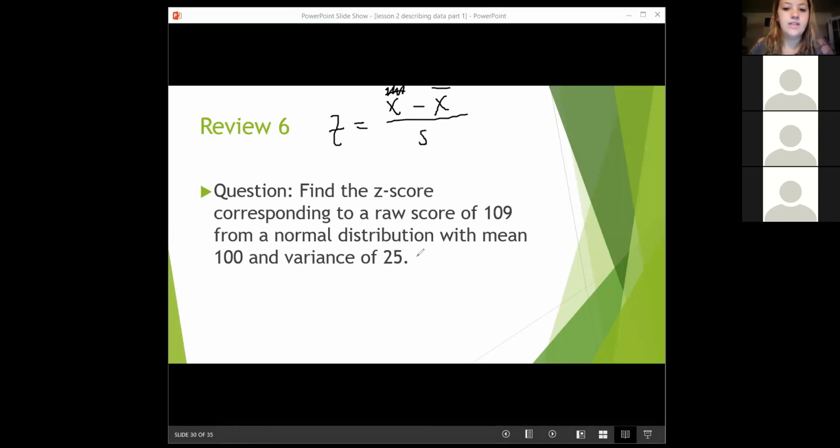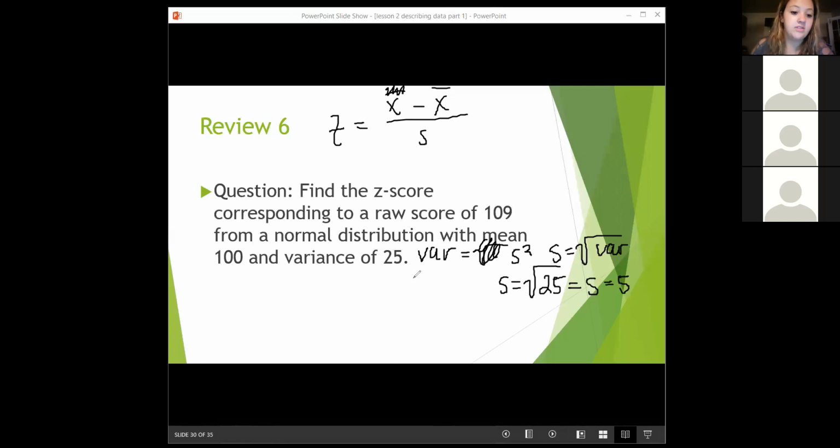So remember, our variance is equal to the standard deviation squared. So if we want to find the standard deviation, that's equal to the square root of the variance. So in this case, we take the square root of 25, and we're going to get that our standard deviation equals 5.